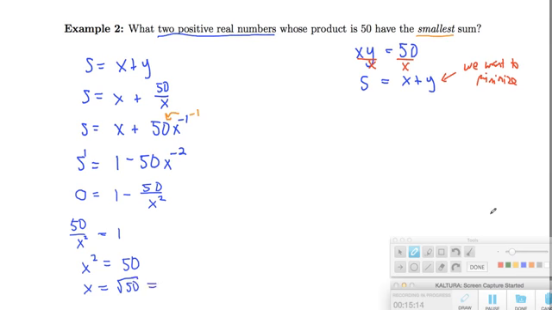Now, since 50 is 2 times 25, and 25 is 5 times 5, then what happens is square root of 50 has a root there, so square root of 25 is 5.